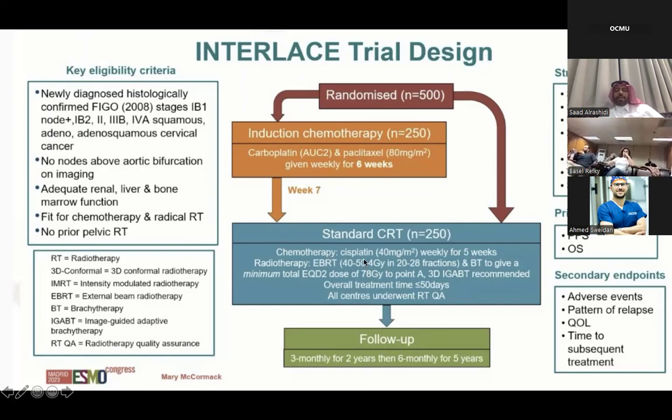The CCRT was cisplatin 40 milligram per meter square weekly for 5 weeks, with radiation, again, 40 to 50 gray. That's the European practice. And again, the brachytherapy dose was not the best, and maybe the chemotherapy compensated. So the trial was positive: increased overall survival, better overall survival, and better local control as well.